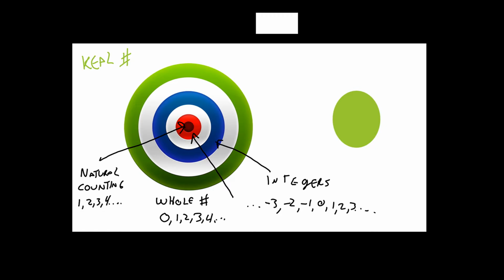Now, the least precise number in this target system would be known as the rational numbers. Rational numbers include any number that can be written in the form of a fraction, where we have a over b, and a and b are integers.